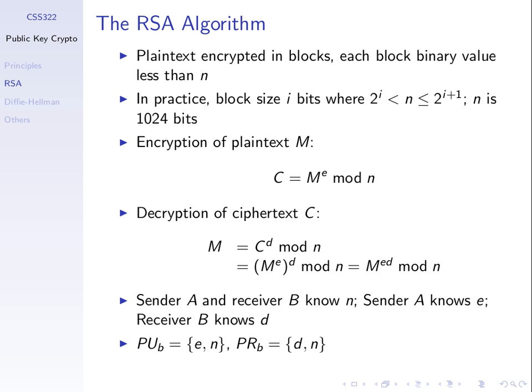Same format, same structure. M to the power of something mod n equals m. That's what we have here. So these two values of m are the same if it has this structure, because we know this theorem is true, which means e times d should be the totient of n plus 1.